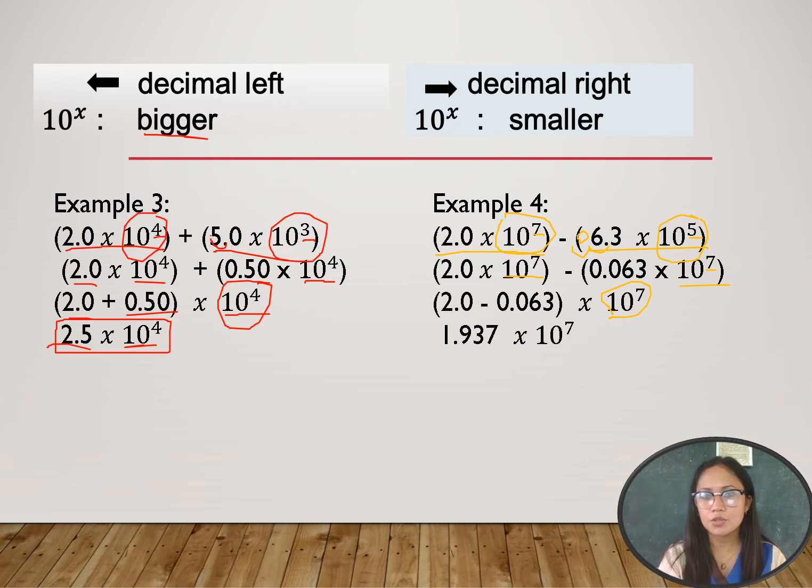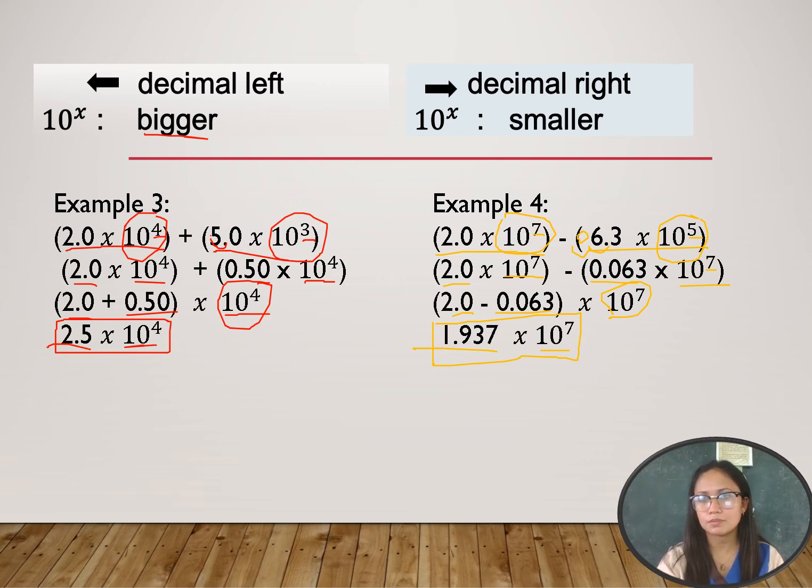And then the first factor is 2.0 minus the second one, which is 0.063. So 2.0 minus 0.063 is just equal to 1.937 times, just copy the second factor, 10 to the power of 7. And we have now the answer, which is 1.937 times 10 to the power of 7.